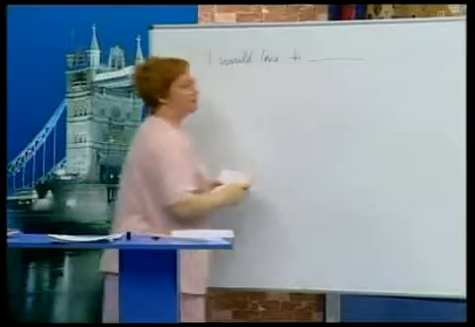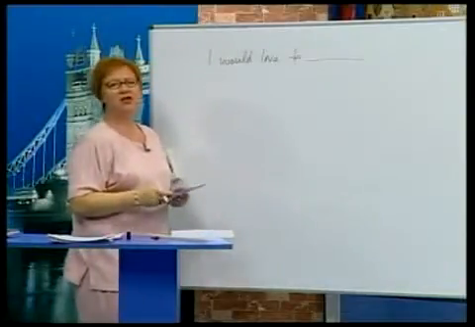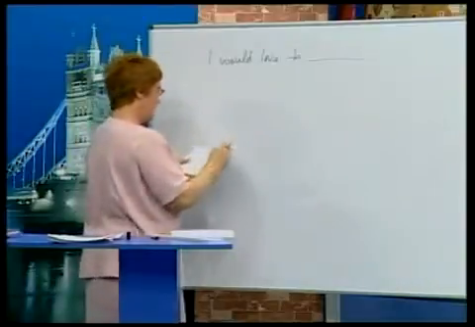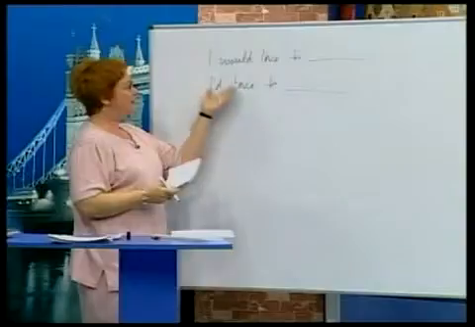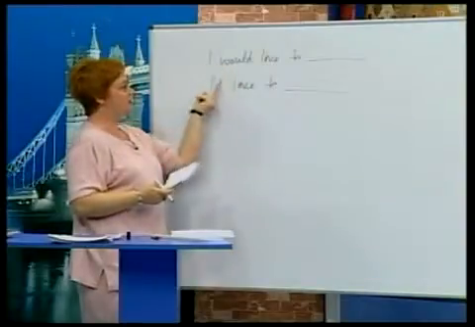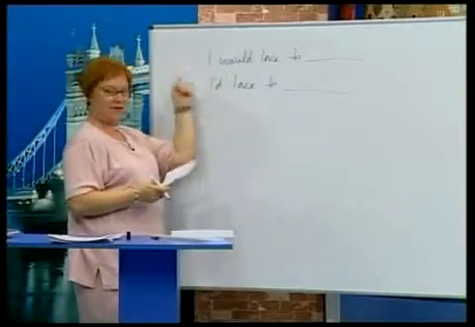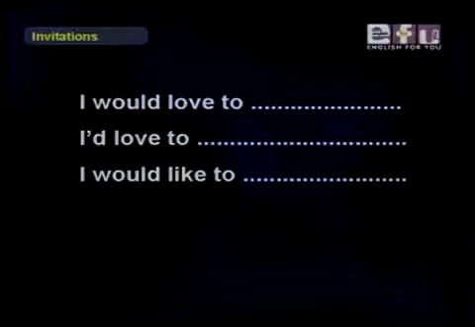I would love to. I would love to have dinner with you. Or I'd love to. These are the same, but this one is shorter. Okay, so, but they're the same. I would like to.